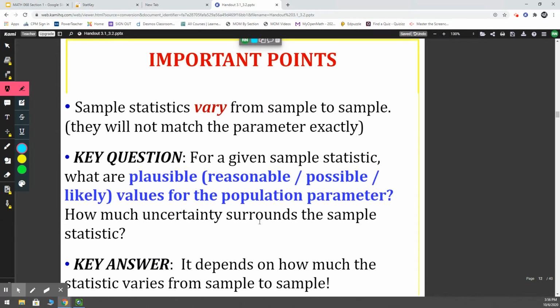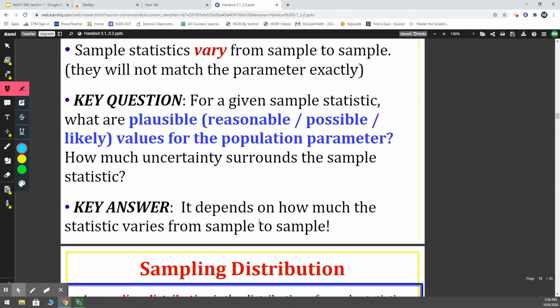Some important points here. First of all, sample statistics vary from sample to sample, and they will never match the parameter exactly. A key question that we look at is the plausibility, or the reasonableness, of the possible values of the population parameter. In other words, how much uncertainty, or we like to use the word variance here, surrounds the sample statistic.